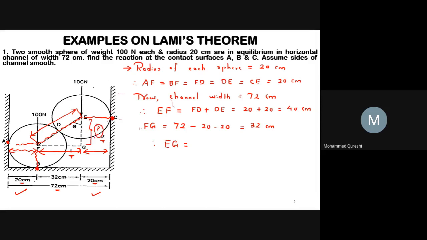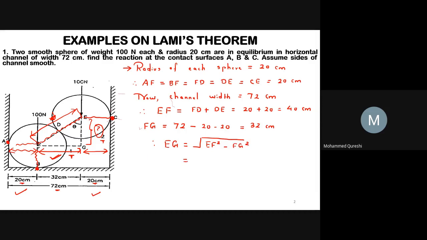So EG equals under root of EF square minus FG square, by triangle law.